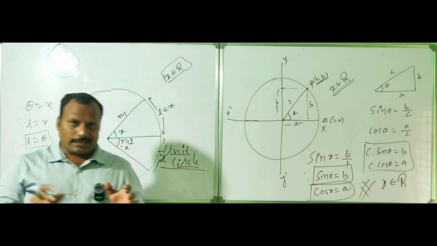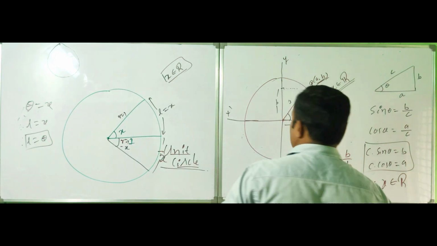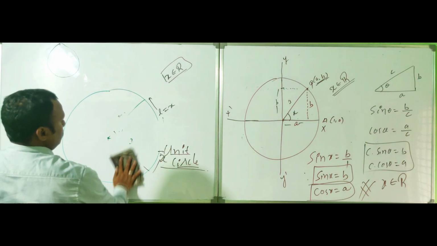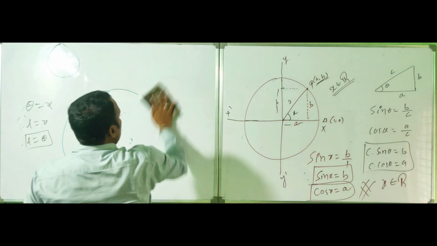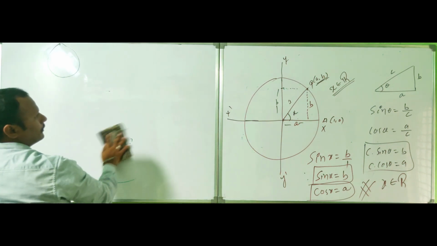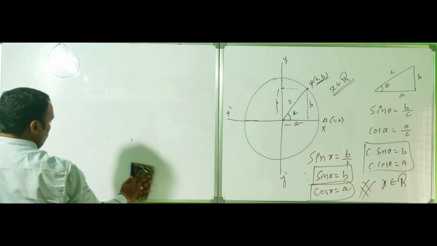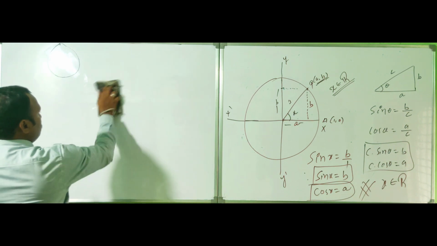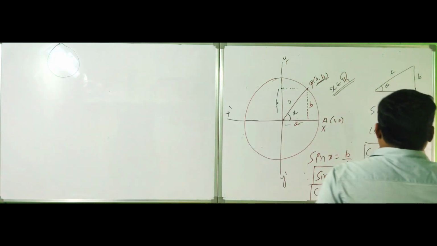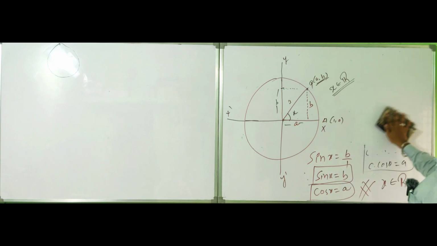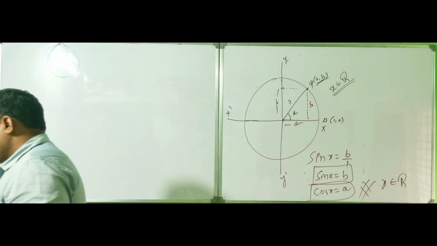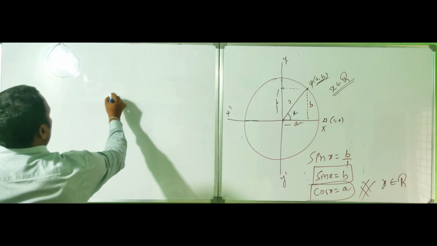They give us some values: sin x is 0, pi by 2. Take the quadrants.